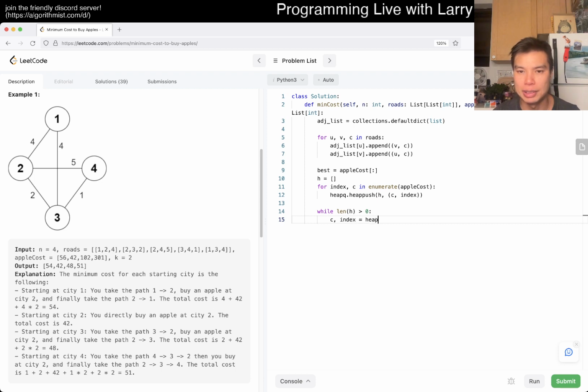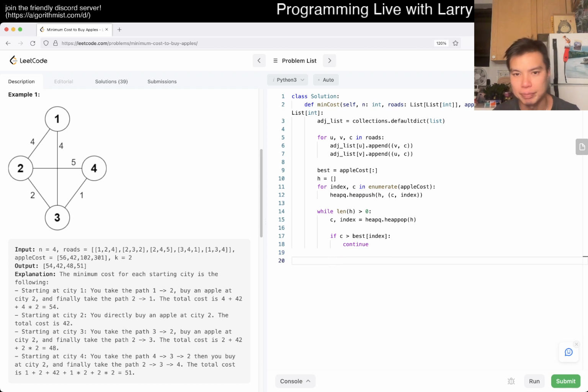we have c and index equal to heapq.heappop of h. If best of index is less than c, or if c is bigger than it, we continue. That means we already processed this.